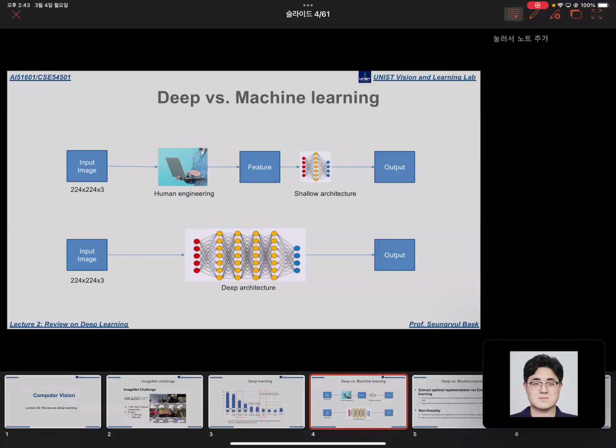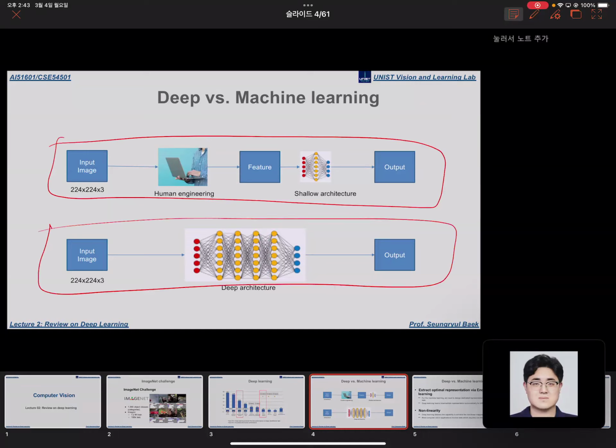This slide shows the conceptual difference between the deep learning architecture and the shallow learning architecture when dealing with vision tasks. The top is the shallow learning method, and the bottom is the deep learning architecture.